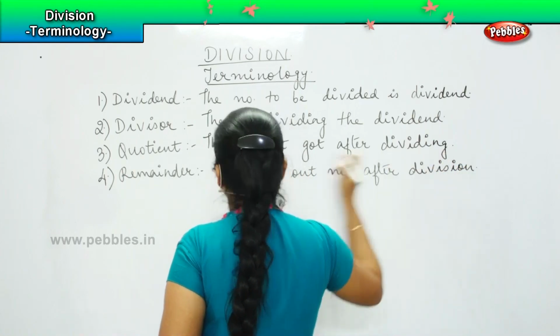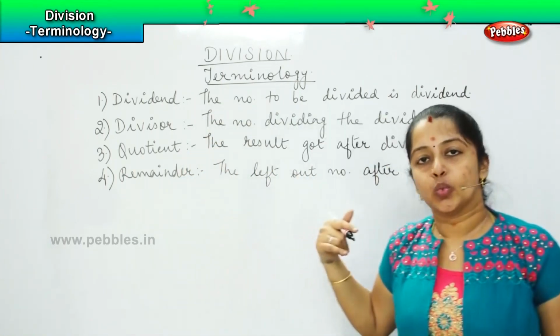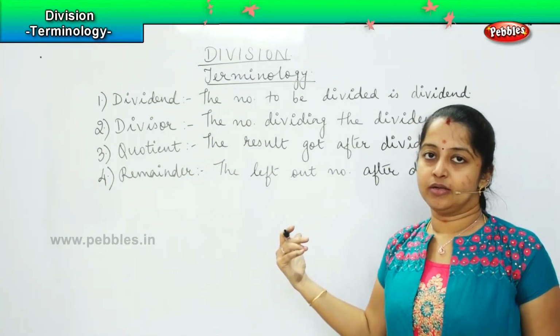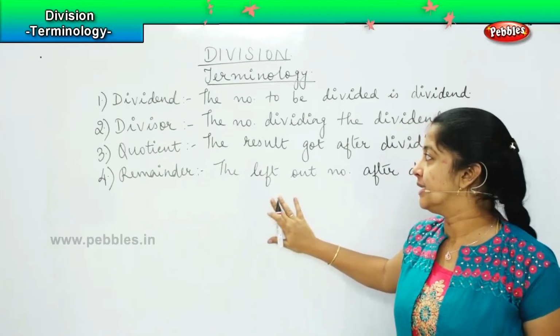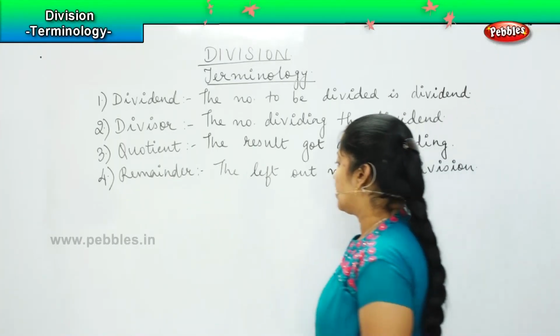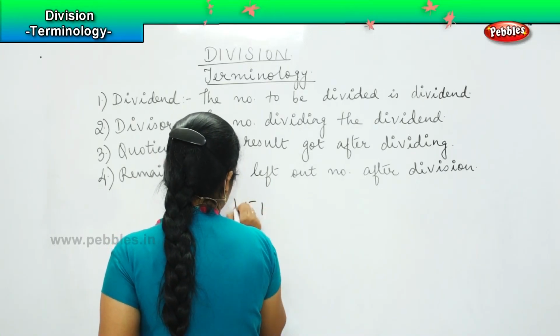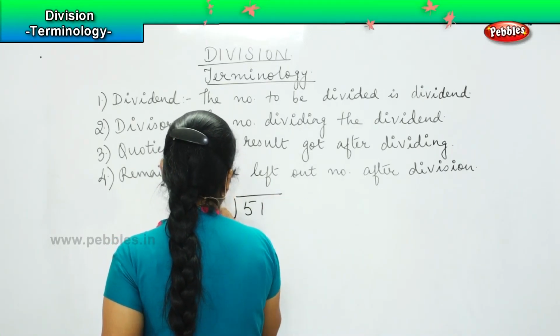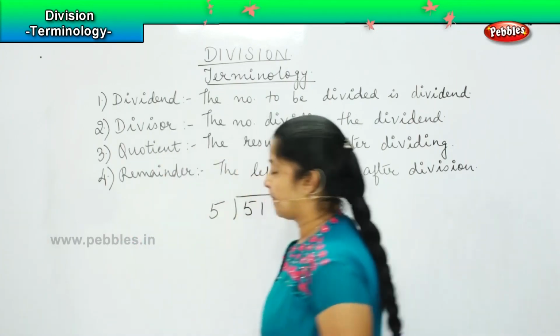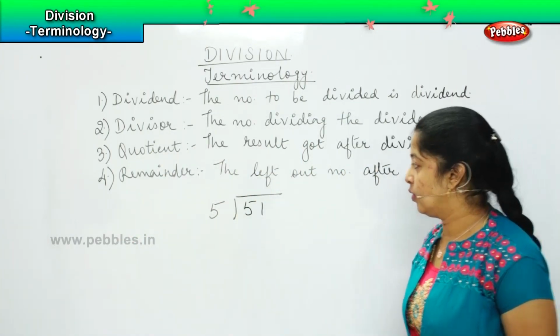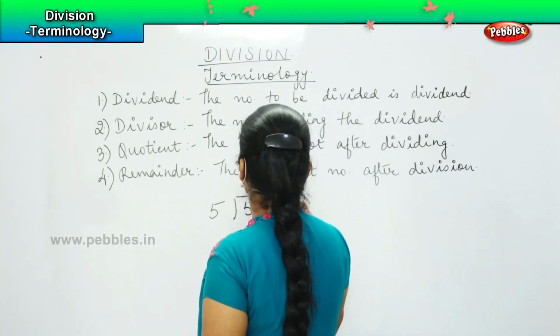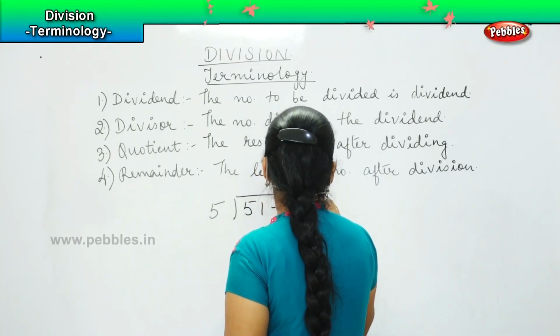Okay. Now, if I explain this concept with an example, this concept will be more clear. Now, assume that I am dividing 51 divided by, say, 5. So this 51 is called my dividend.